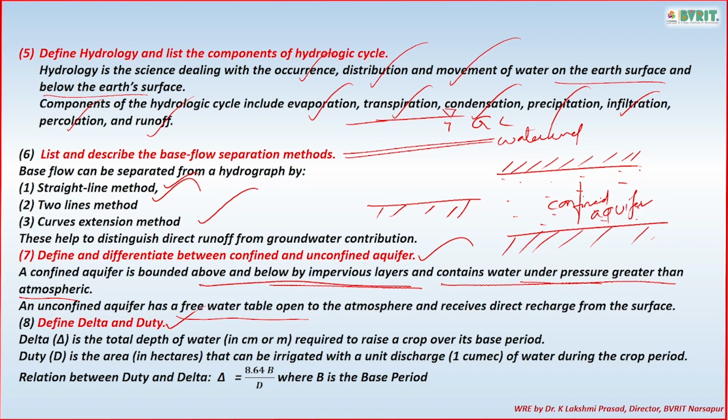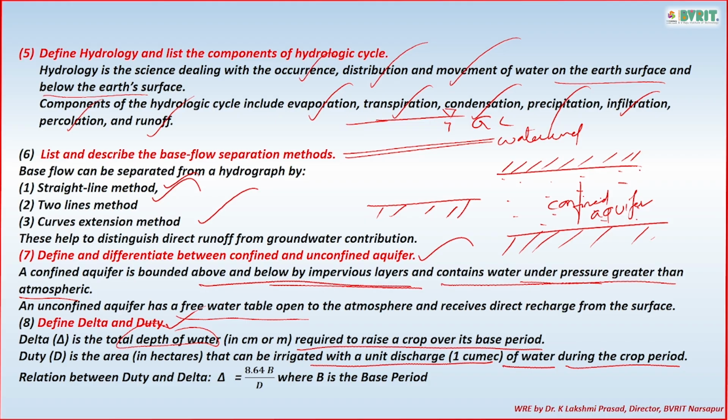Then define delta and duty. Delta is the total depth. Please remember, delta means the total depth of water required to raise a crop over its base period. Duty is the area that can be irrigated with a unit discharge, 1 cumec of water, during the crop period.